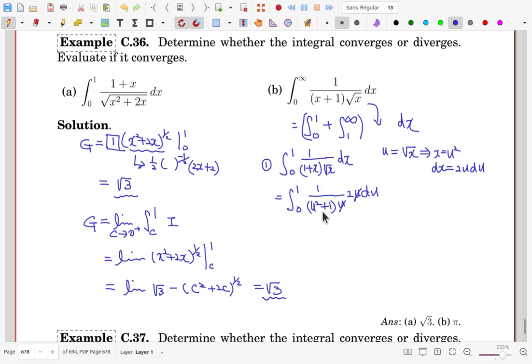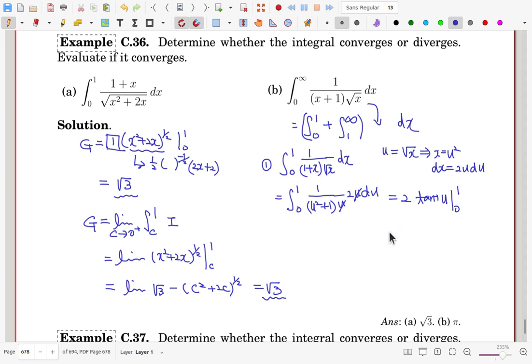Then 1 over (1 plus u squared) gives the arctangent of u, so we have 2 times arctangent of u from 0 to 1, right?